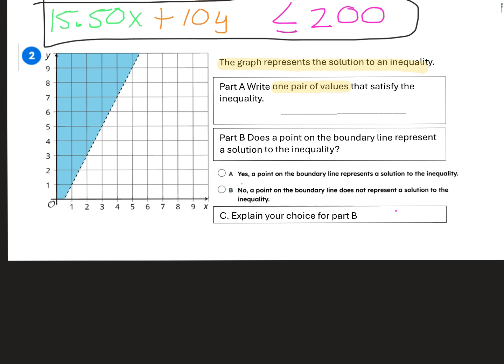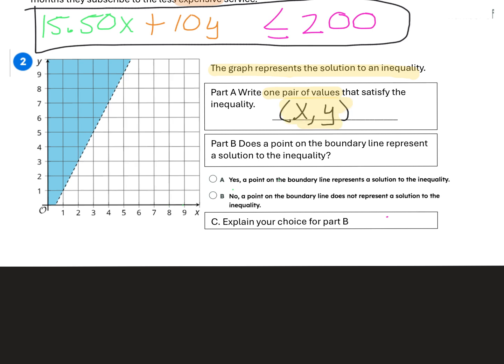So by pair of values, they mean an ordered pair, an XY that falls within this shaded region, because that is where the solutions are. So I am just going to pick one. There's definitely more than one right answer, so you might have gotten something different from me. I'm going to choose that one right there, which is 2, 7.